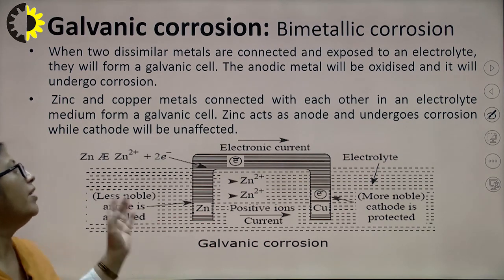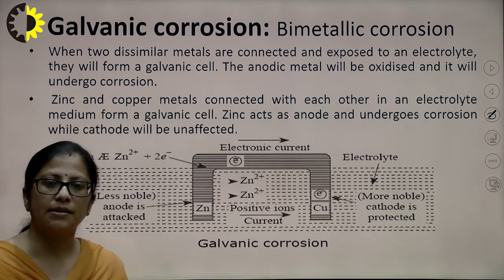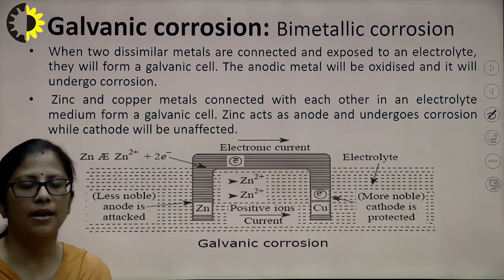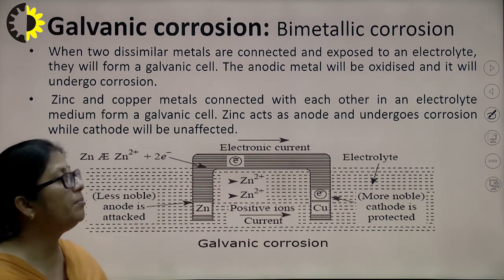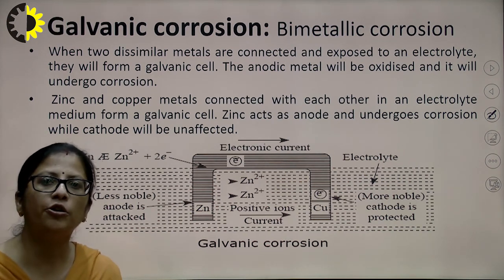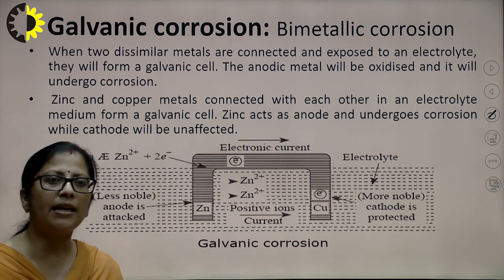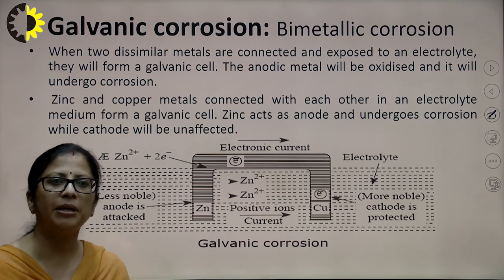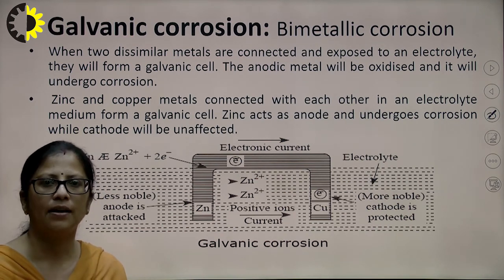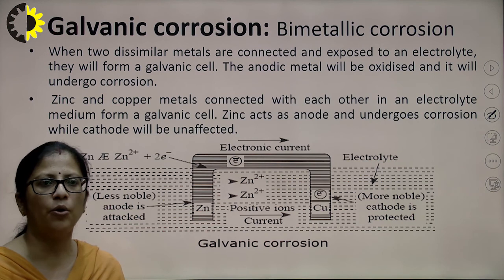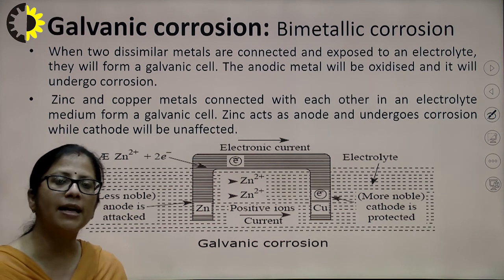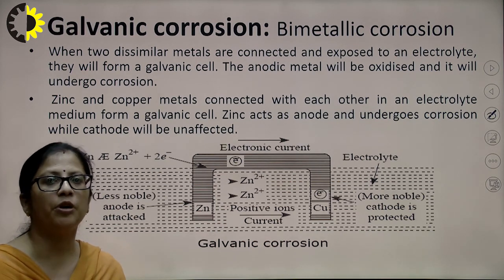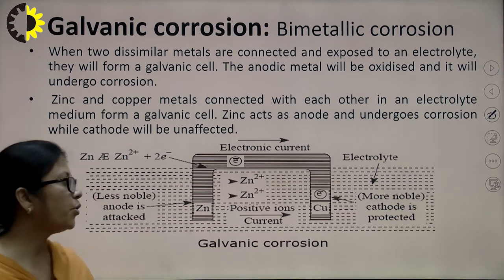So, when two dissimilar metals are connected and exposed to an electrolyte, they form a galvanic cell. The anodic metal will be oxidized and undergo corrosion. Zinc and copper metals connected with each other in an electrolyte medium form a galvanic cell, where zinc acts as anode and undergoes corrosion, whereas the cathode is formed by the copper and it remains unaffected.